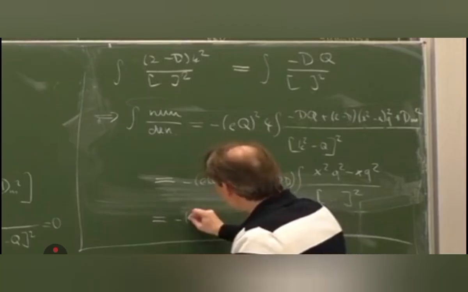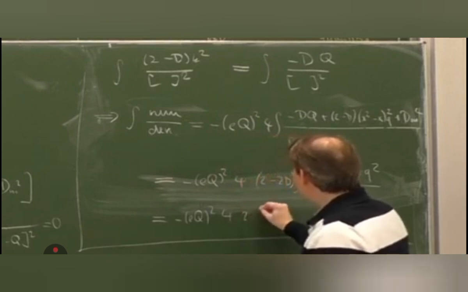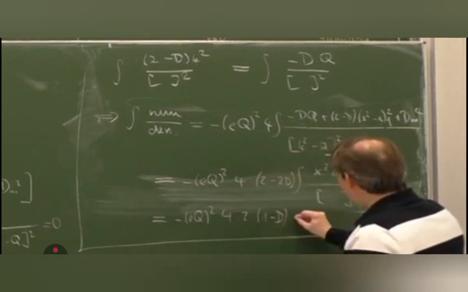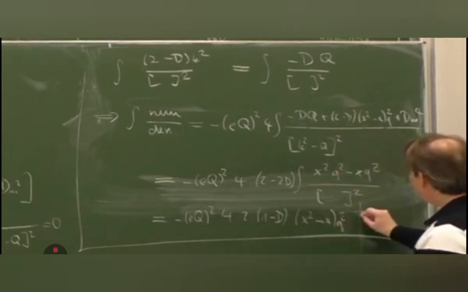Minus e times q square times 4 times 2 times 1 minus d. Let's write it like this. Then times x square minus x times q square times I divided by 16 pi square times b0 of 0, q, q.